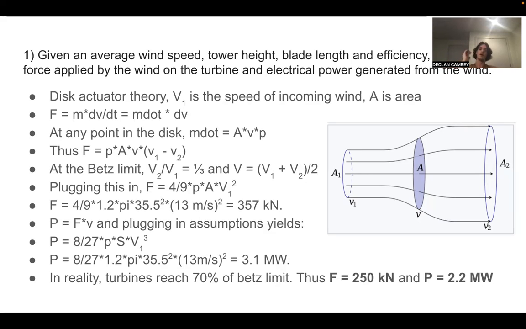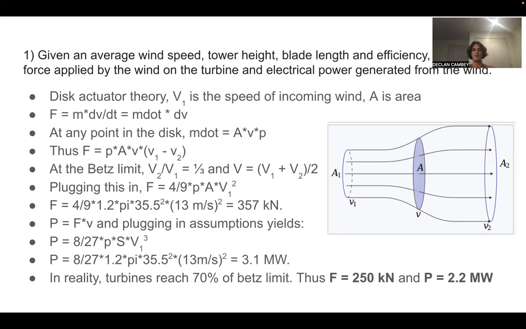I started with the equation force is equal to mass flow rate times change of velocity. At any point in the disk, mass flow rate is equal to A times the velocity times the density. So I derived that the force is equal to the density times area times velocity times the difference in velocity exiting and entering the wind turbine.